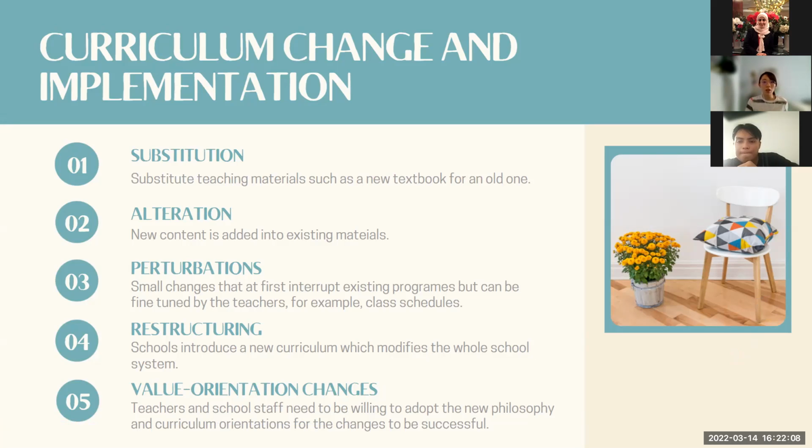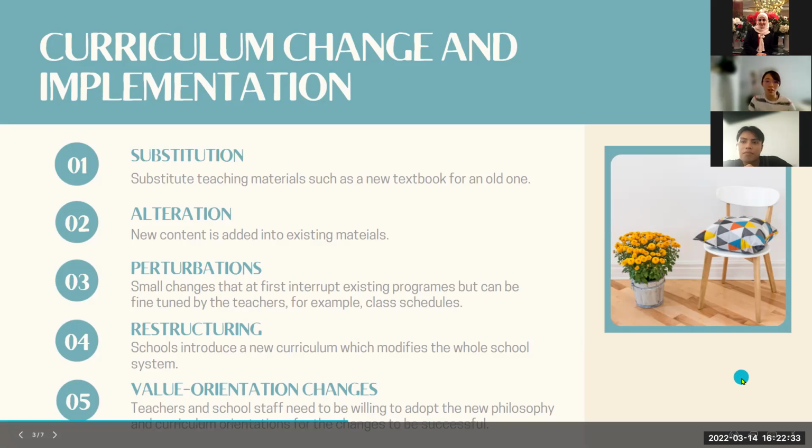If the teachers and school staff still have the old mindset and stick to the old educational philosophy, even though they may be implementing the new curriculum changes, it will not be as effective because it is not aligned with the educational philosophy of the new curriculum. So that is for the value orientation changes.